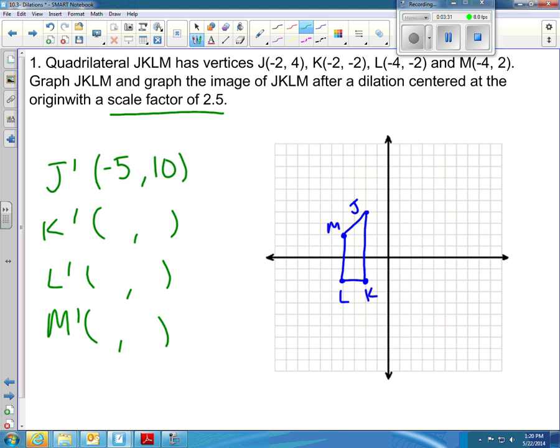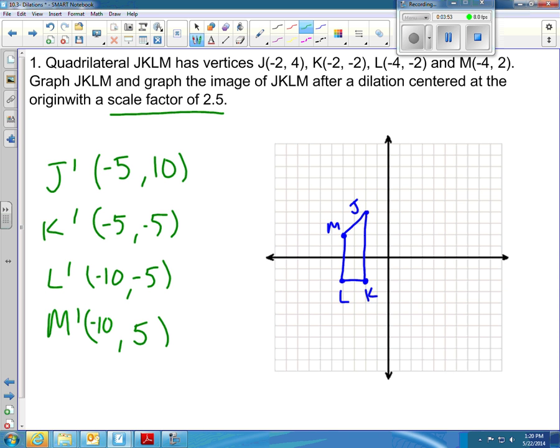We've already seen that -2 multiplied by 2.5 gives us -5. 4, we already know that goes to -10. And our -2 is going to go to -5. And lastly, for M of -4, 2, -4 is going to go to -10, and 2 is going to go to 5.